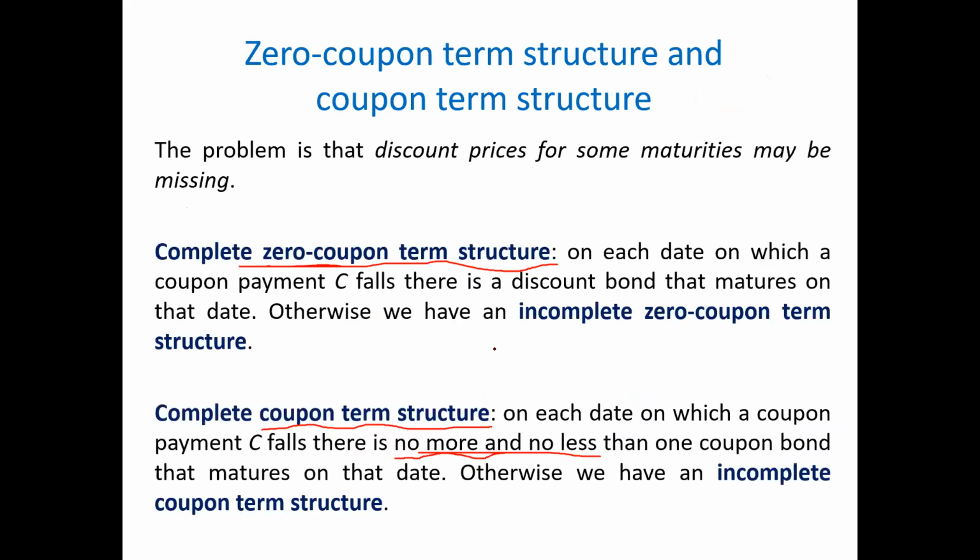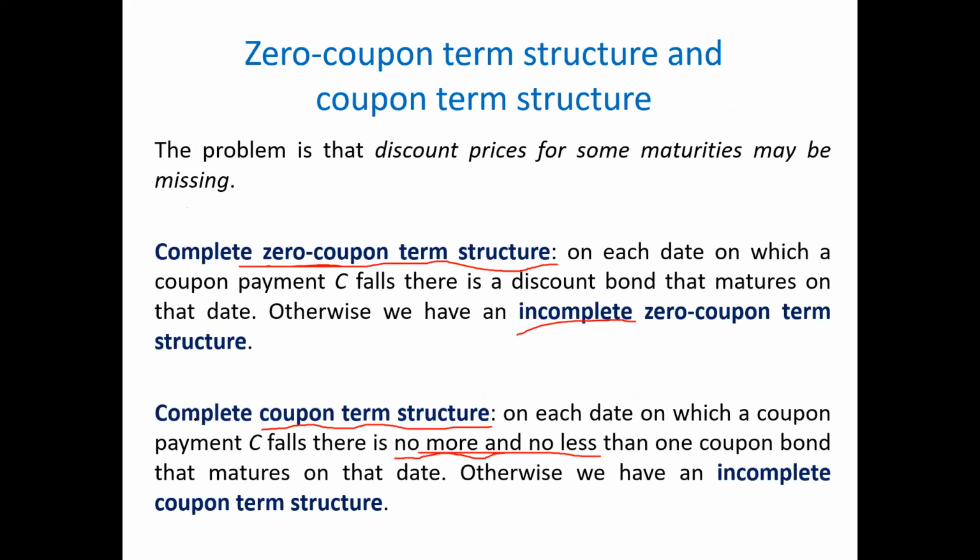If this is not the case, then our zero coupon term structure is incomplete. So there are some gaps instead of discount prices. If we have an incomplete zero coupon term structure, this is not a big problem as long as we have a complete coupon term structure.